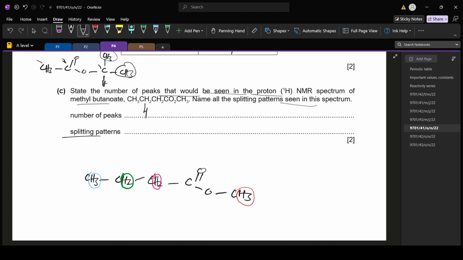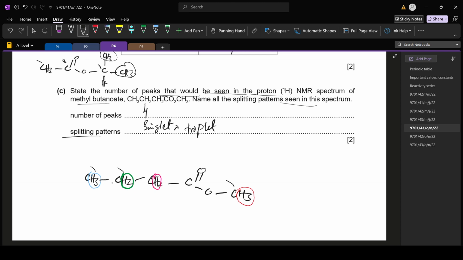Now you also have to tell all of the splitting patterns that will be shown. There will be a singlet due to this, because there is no hydrogen on the adjacent carbon. Then you will have a triplet as well, due to these hydrogens, because they have 2 hydrogens on the adjacent carbon.